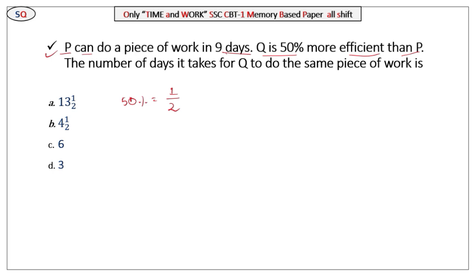Since Q is 50% more efficient than P, now we can write in a ratio. Q is to P equals, since Q is 50% more efficient, we add to Q side 1 plus 2, 3, and P is 2. Now P can do a piece of work in 9 days.